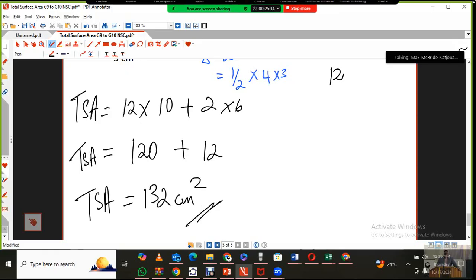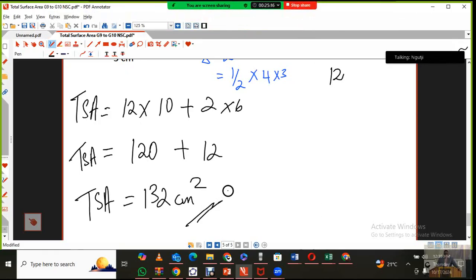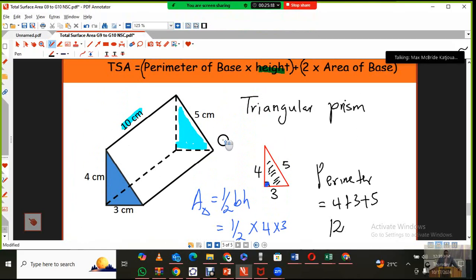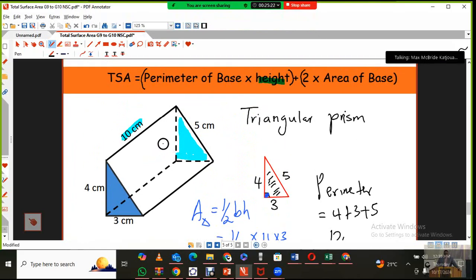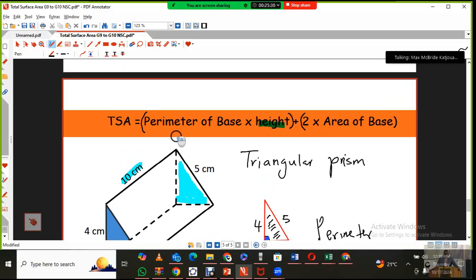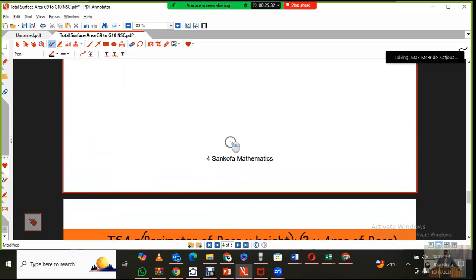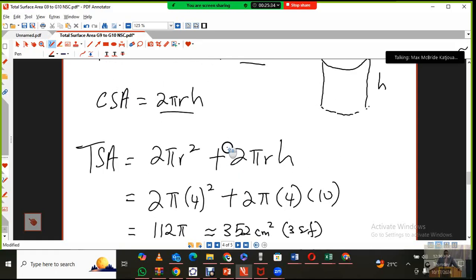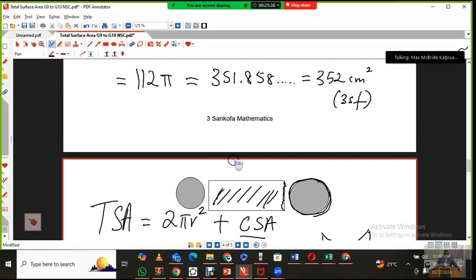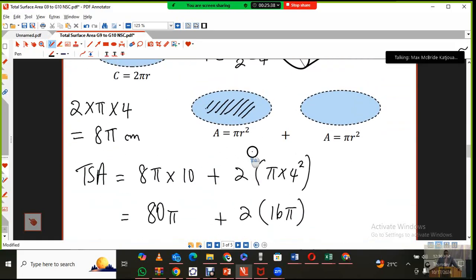So that is the formula. Are we clear? It's a new formula. You use this if you are supposed to calculate the area of a prism, like a triangular prism, even a rectangular prism, which is known as a cuboid. You can also use the same formula to calculate the total surface area of a cylinder, because a cylinder can be quite tricky.